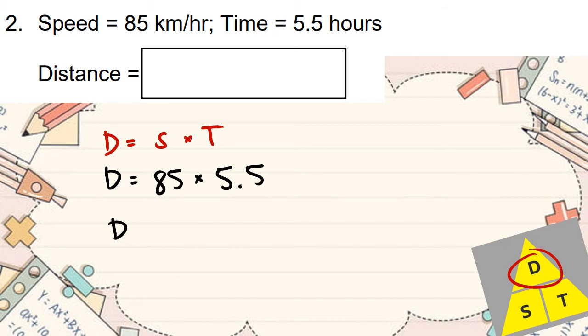So the distance is 85 times 5.5, 467.5. But what is the unit? What is the unit of the distance here?